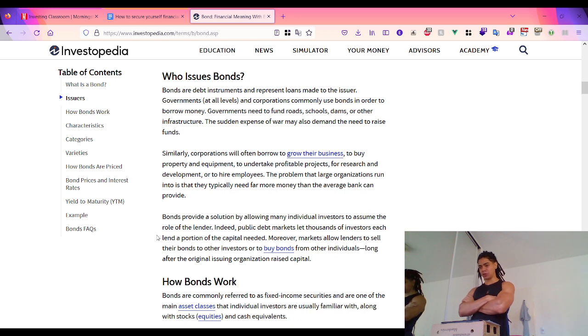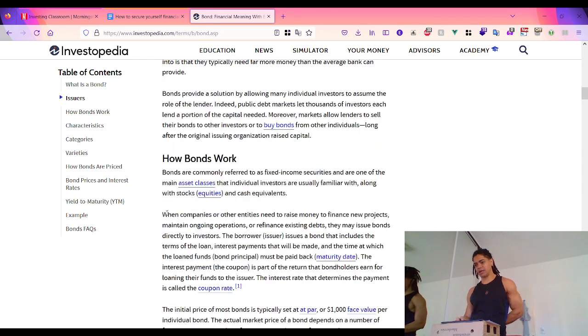Bonds provide solutions by allowing many individual investors to assume the role of the lender. Indeed, public debt markets let thousands of investors each lend a portion of the capital needed. Moreover, markets allow lenders to sell their bonds to other investors or to buy bonds from other individuals long after the original issuing organization raised capital.